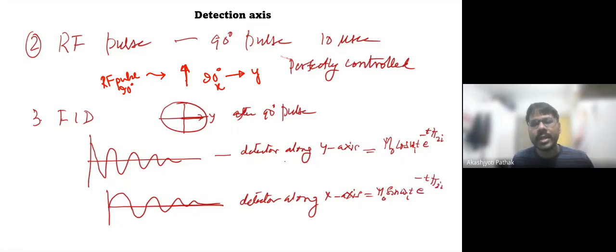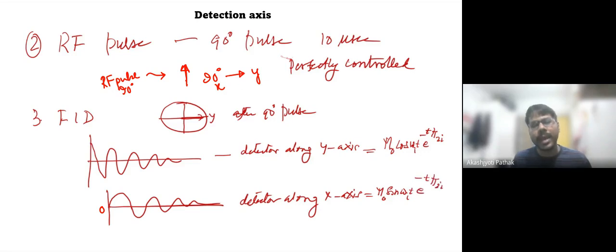If the detector is placed along the Y axis, the signal will follow the function M0 cos omega t e to the power minus t by T2. But if you place it along the X axis, it will follow a sine function. A sine function means the signal starts at zero amplitude and then decays. But if you place your detector along the Y axis, your signal starts at the highest amplitude and then decays.